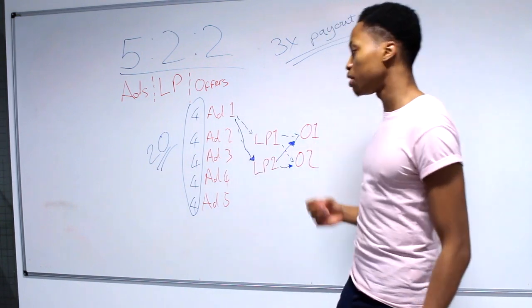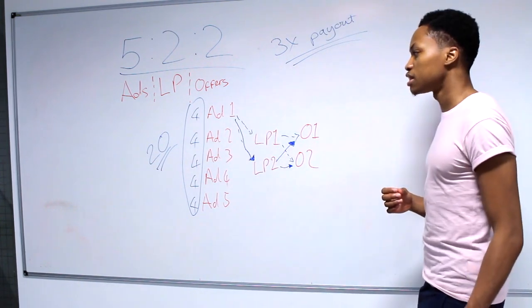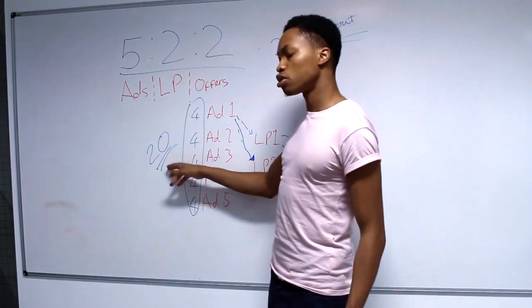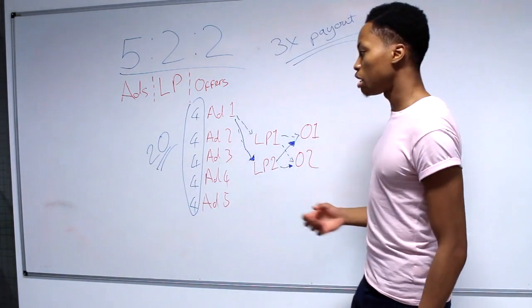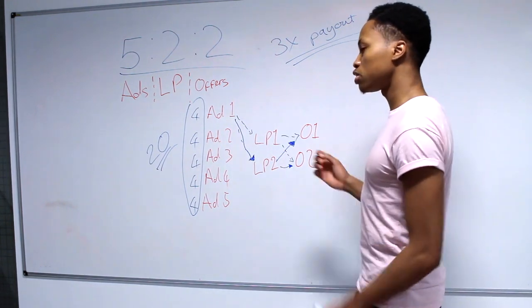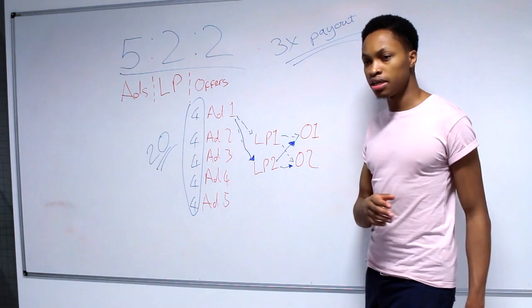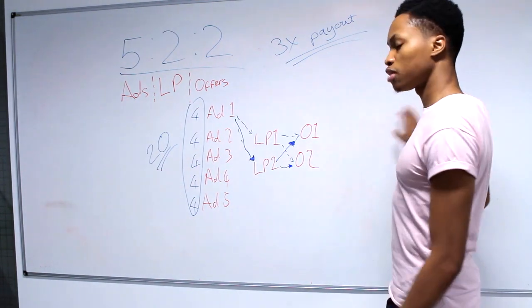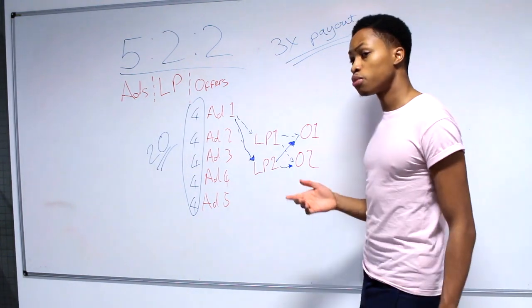And this is why I always recommend people test tightly, because we are going to be spending 3 times the offer payout on each combination to really determine if it's a good combination or a bad combination. This is also why I recommend, when you're starting off with CPA, don't start off with these trial offers, especially if you're on a low budget.